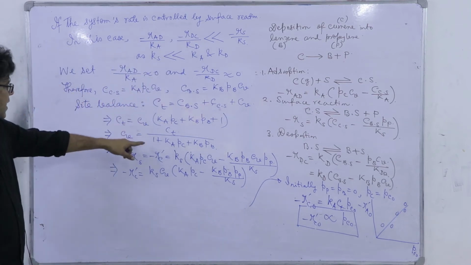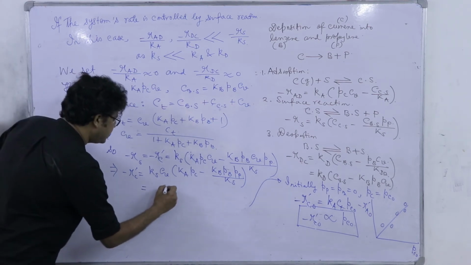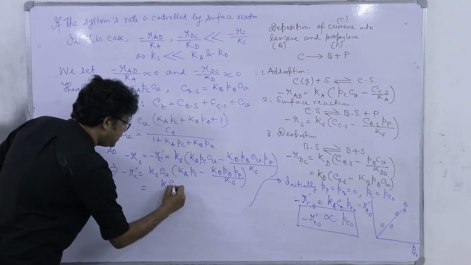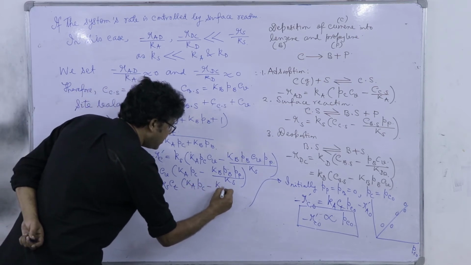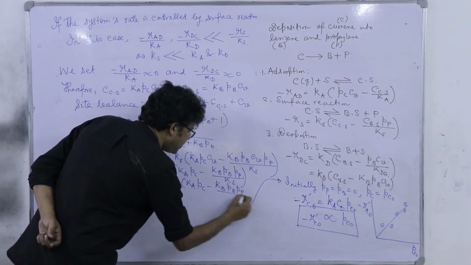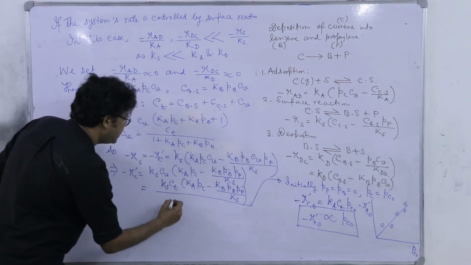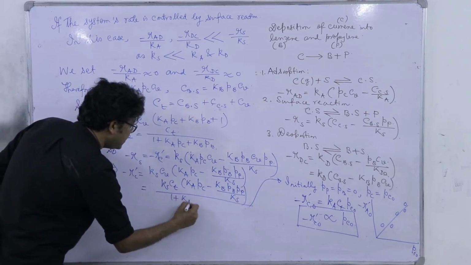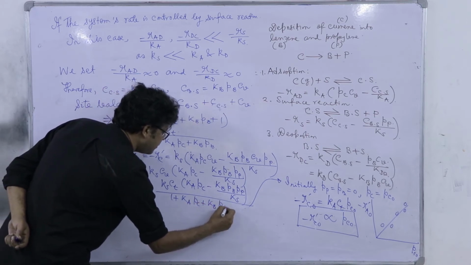Now, substitute back this expression of Cv here. So, it is Ks Ct times Ka Pc minus Kb Pb Pp by Ks total, divided by 1 plus Ka Pc plus Kb Pb.